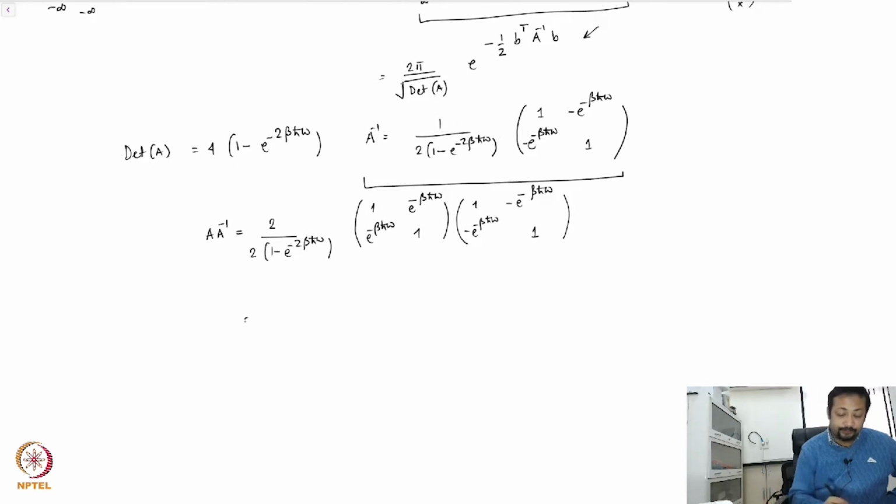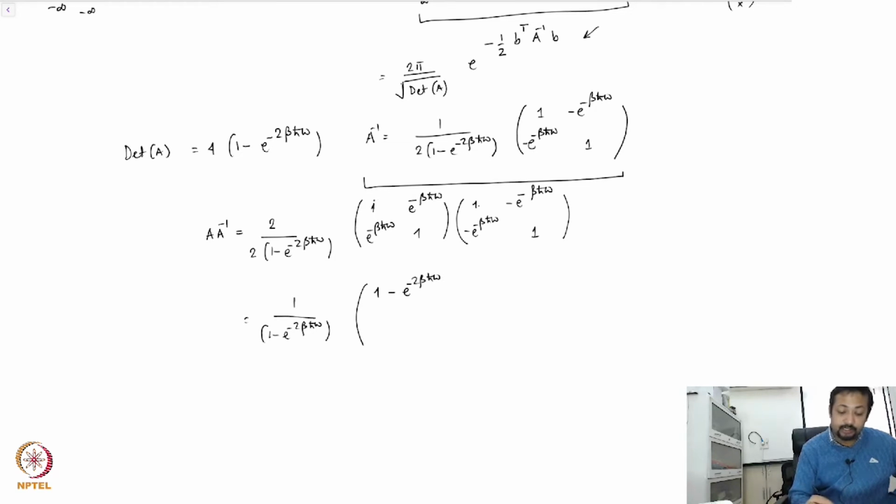So that this is going to be, let's cancel out the 2's and write them as 1 over 1 minus e to the power minus 2 beta h bar omega. This time the first element is going to be 1 minus e to the power minus 2 beta h bar omega.